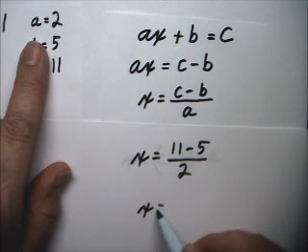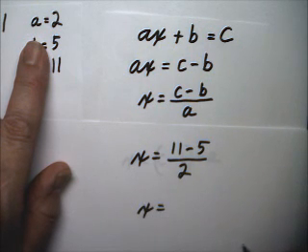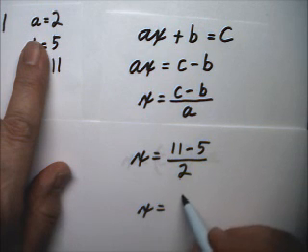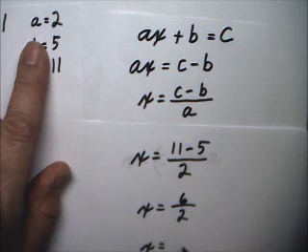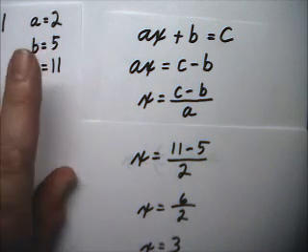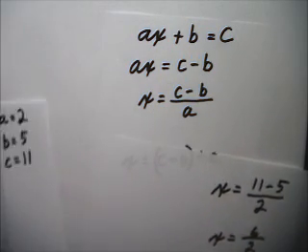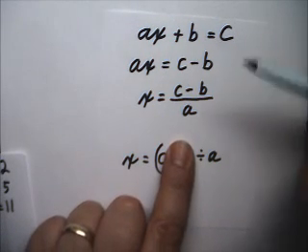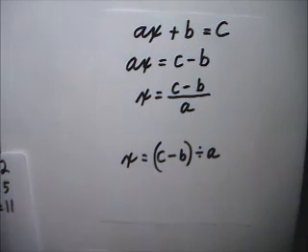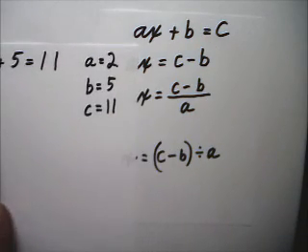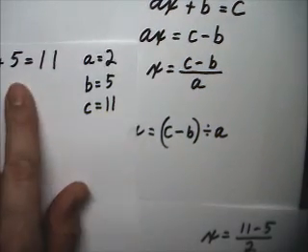So x equals 11 take away 5 is 6, and 6 divided by 2 is 3. So in that way, first I have solved ax plus b equals c for x. Then I have used it to solve this equation.